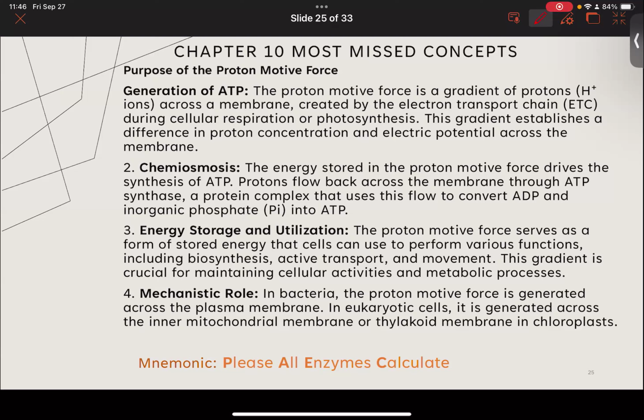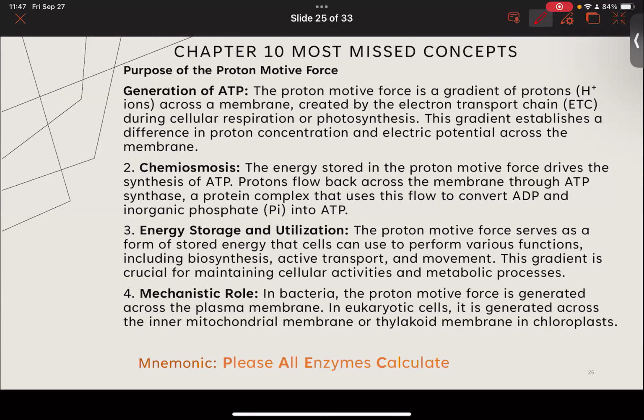And that in eukaryotic mitochondria, they're creating that gradient on the inner mitochondrial membrane, where we had those folds. The cristae is what it's called.